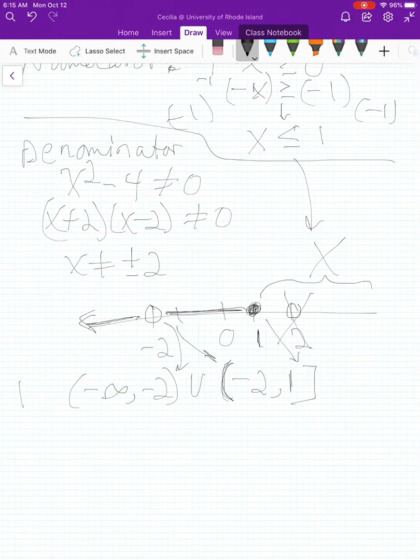So this is our solution for our domain for this function. If we wanted to write this in set notation, we could say it's the set of all x, such that x is less than or equal to 1 and x does not equal negative 2.